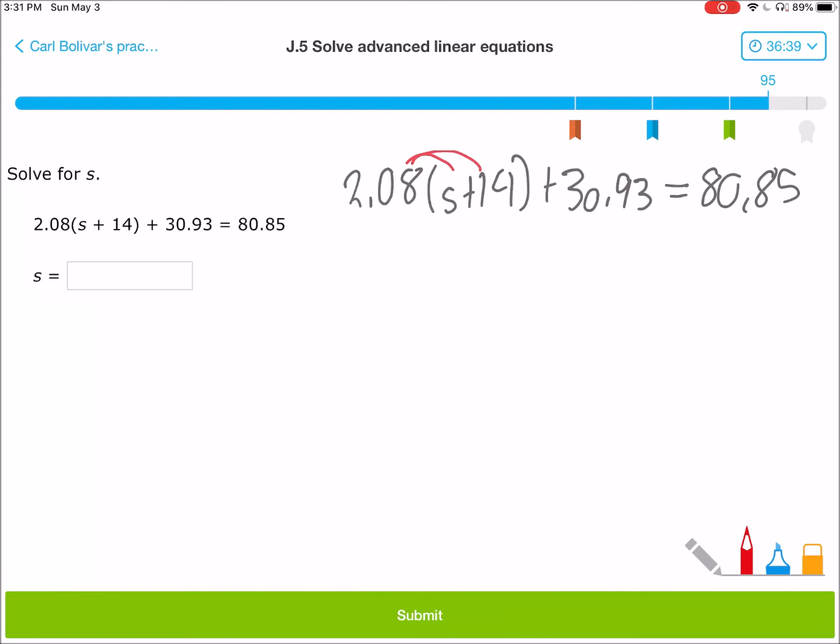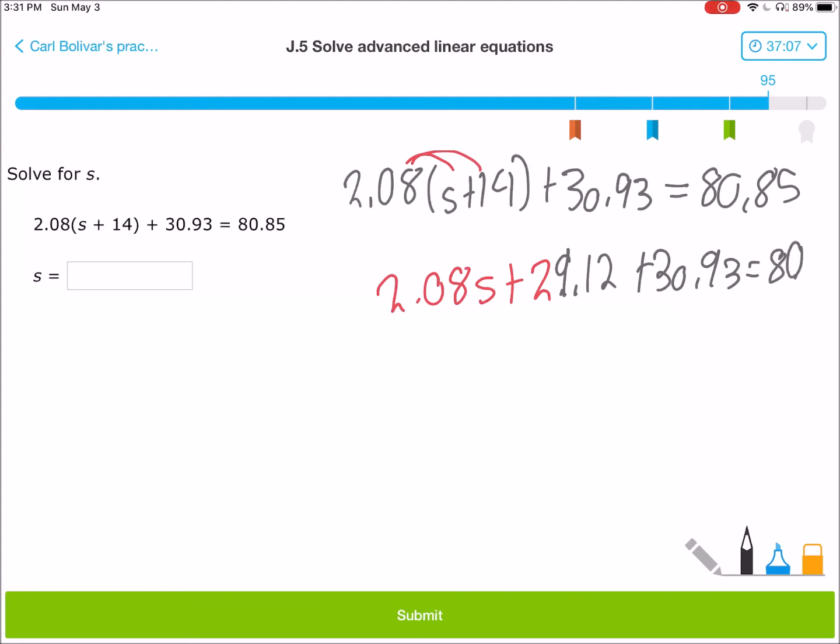This is going to be 2.08s plus 2.08 times 14. That's 29.12, plus 30.93 is equal to 80.85.